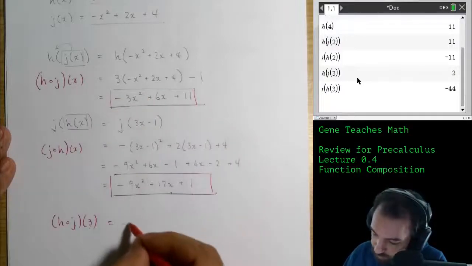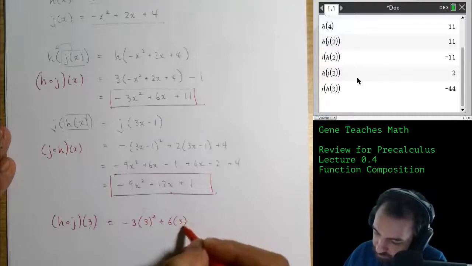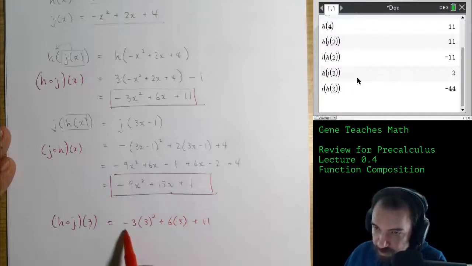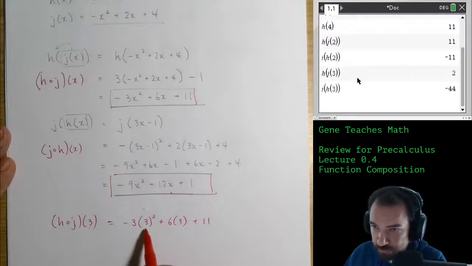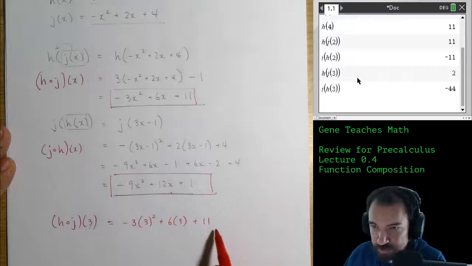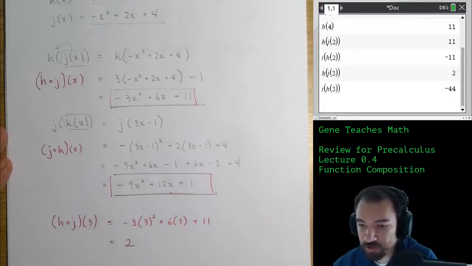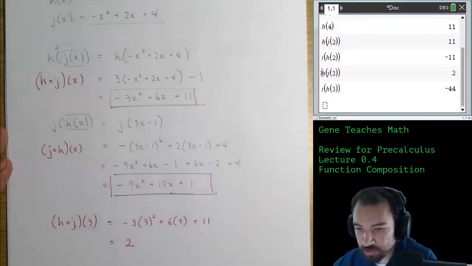So that would be negative 3 times 3 squared plus 6 times 3 plus 11. That's negative 3 times 9 is negative 27, plus 18 is negative 9, plus 11 is 2. So this is 2. And we see on the screen here, h of j of 3 is indeed 2.